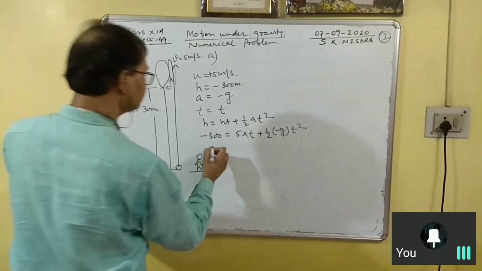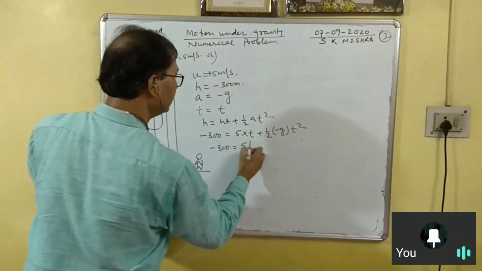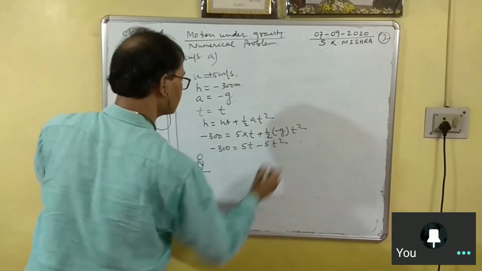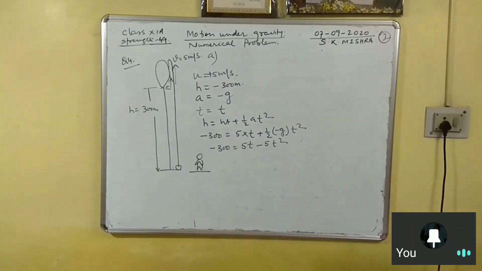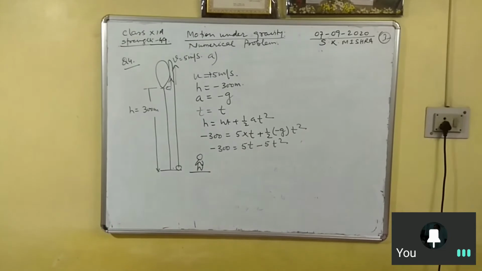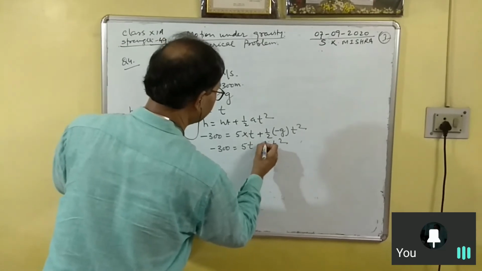So minus 300 is equal to 5t minus 5t square. Take g is equal to 10 meter per second square. If you consider g is equal to 9.8, then your answer will be a little bit different. If g is not given, then you should take 9.8.